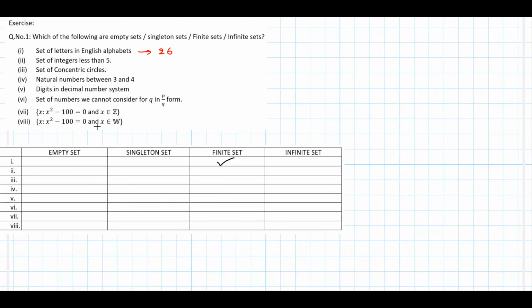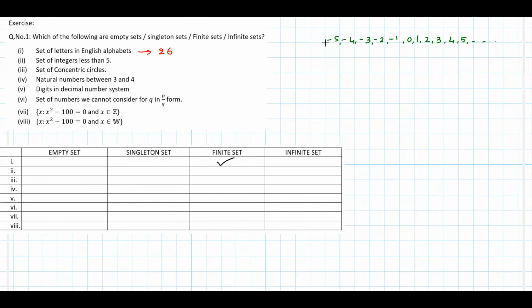Can it be empty or singleton? No, they have elements and that is not just one. Right? Cool. So it is just a finite set. Next, the second question. Set of integers less than 5. Okay. So what are all the integers? We're going to take natural numbers along with 0. And then we're going to take negative of natural numbers.